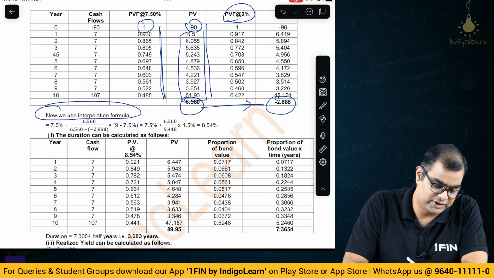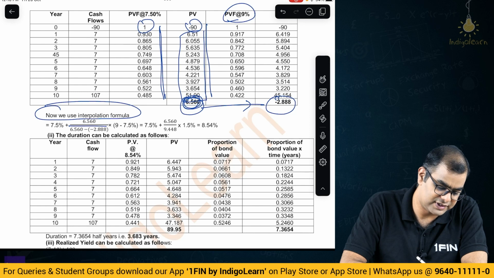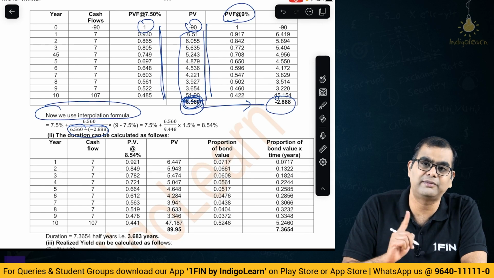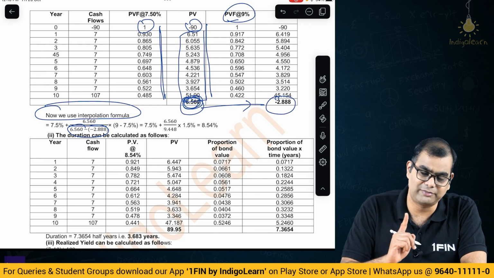Right, desired NPV is to be 0. So 6.56, let us use 6.56, 6.56 minus 0 divided by 6.56 minus of minus 2.88. So you get, if you remember the formula, NPV of low rate minus NPV desired by NPV low rate minus NPV high rate, plus whole thing into high rate minus low rate plus the low rate.